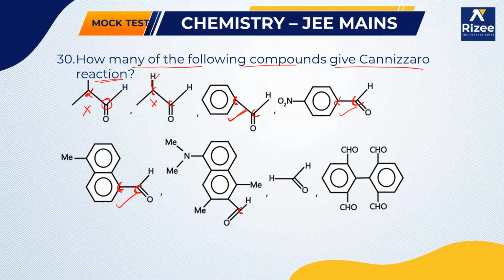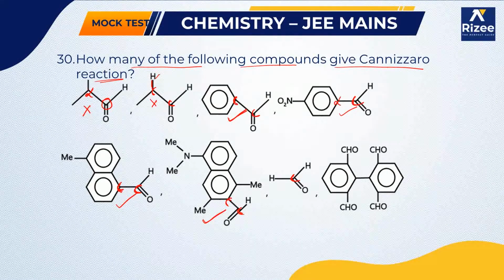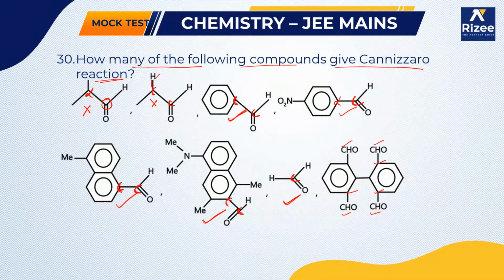And here this is the aldehyde group, this is the alpha carbon, it is also not containing any hydrogen, so this will also show Cannizzaro reaction. And here is the formaldehyde, we know that formaldehyde doesn't contain any alpha carbon, so that's why this also shows Cannizzaro reaction. And here these carbons are our functional groups and these are the alpha carbons. This carbon also does not contain any alpha hydrogens, so this will also show Cannizzaro reaction.